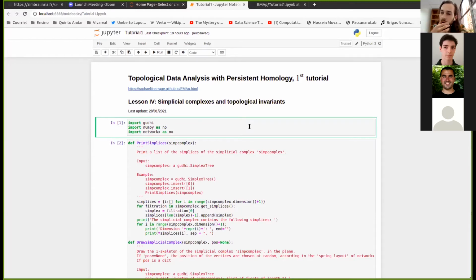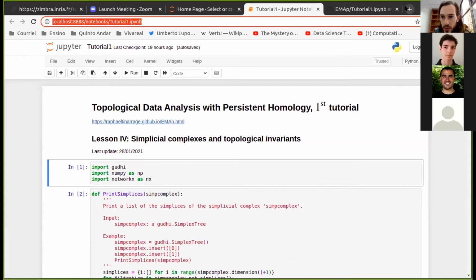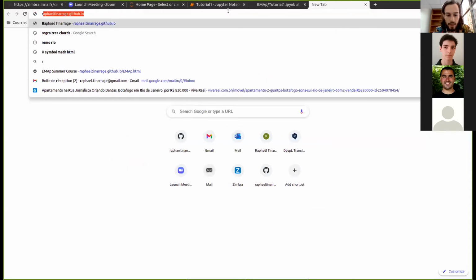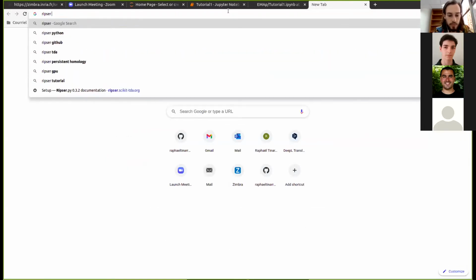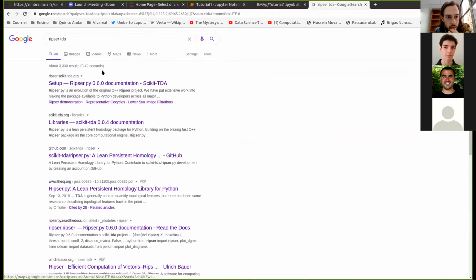It is not the fastest in Python. No. What is the fastest? Giotto? What's the one that's faster than Gudhi? Do you know Ripser? Yeah, this one.